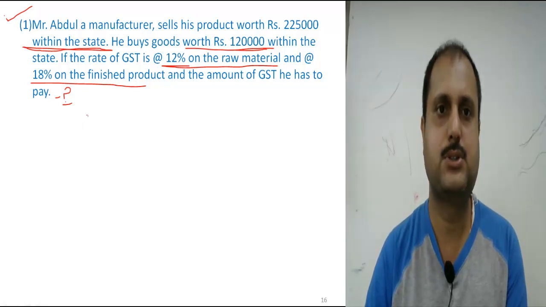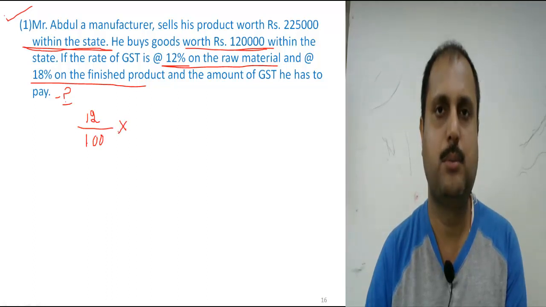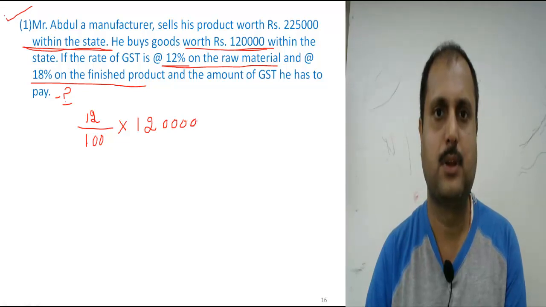So he has purchased a raw material, and 12% is the GST he has given on the raw material, and the amount paid on the raw material is 1,20,000.